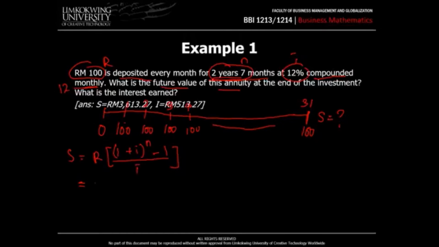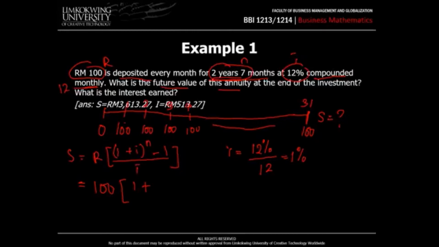The value of R is 100. I is 12%, but it is compounded monthly, so you have to divide by 12. Here you get 1%.